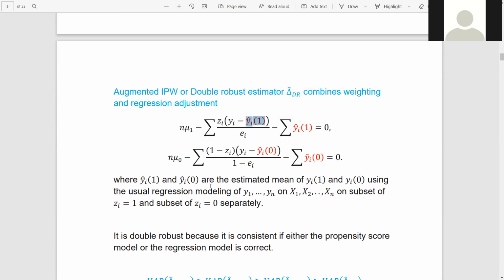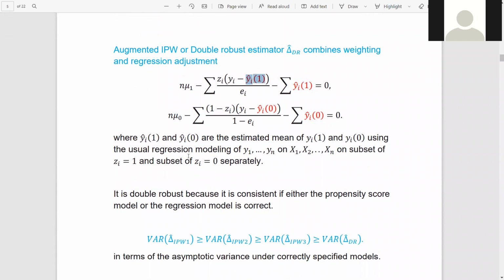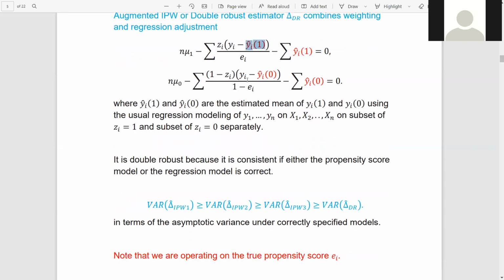The benefit of this one is that it's called double robust. The idea is if you get one part right, you're going to get a consistent estimate. So if you get the weighting part right, or if you get the regression modeling of the outcome part right, then you're going to get a consistent estimate.